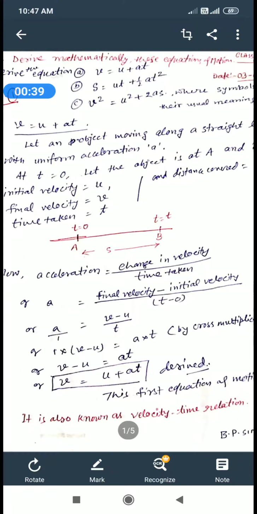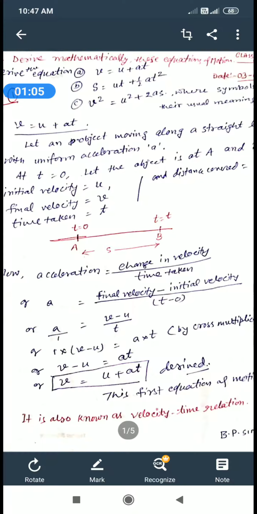And third is v square is equal to u square plus 2as, where symbols have their usual meanings. These equations will be derived mathematically today.